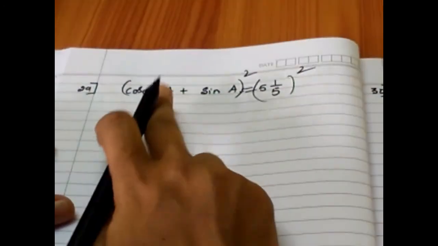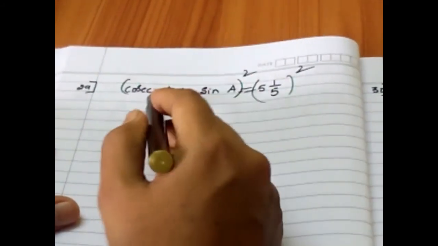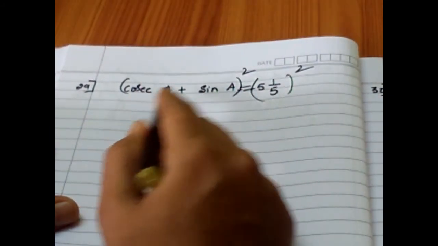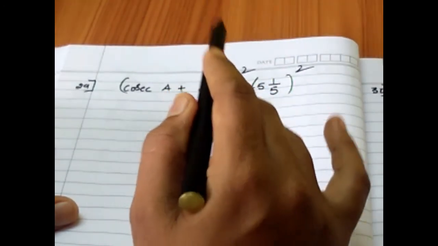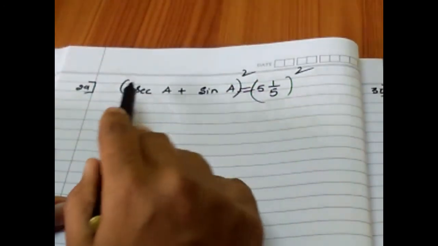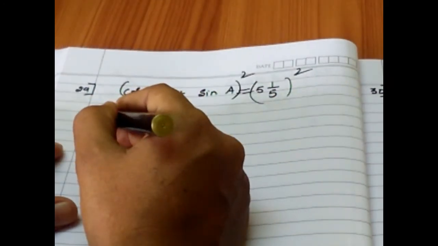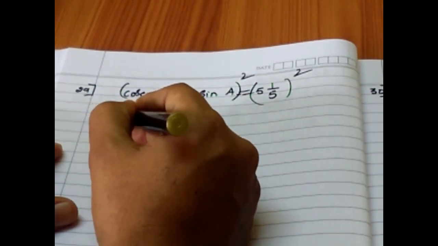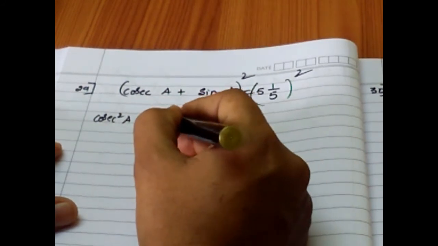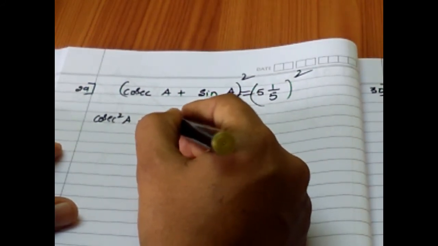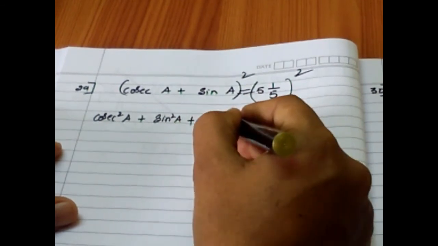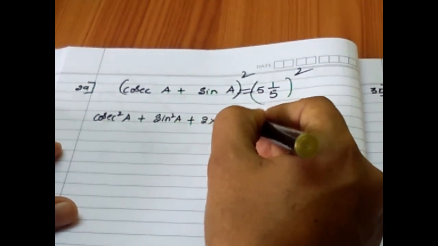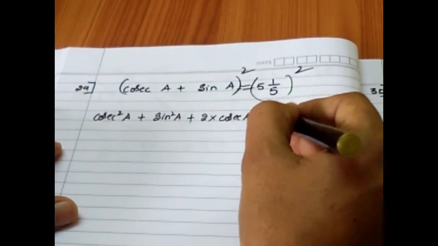Once the square on both sides is done, children, most of the students will write this as cosecant square A plus sin square A, which is absolutely wrong. Here I need to apply the identity, that is a square is cosecant square A plus b square is sin square A plus 2 into cosecant A into sin A.